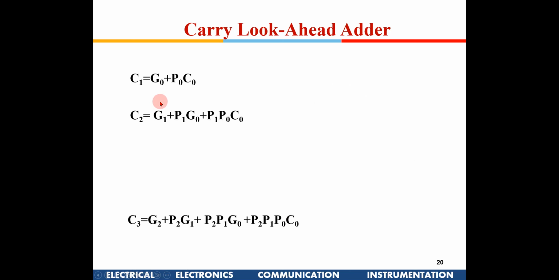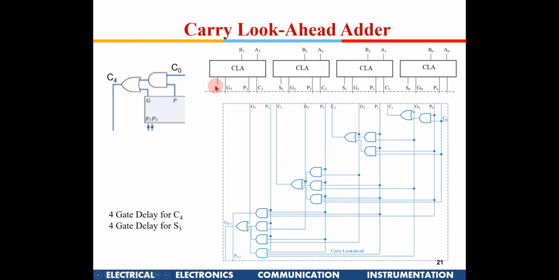So S3 will be generated after C3, which is coming after 3 gate delays, and hence S3 will be generated after one more, at 4. So the entire operation of this block, carry and sum, will be completed after 4 gate delays. Is this okay with all of you? Anybody has any doubt? Only if you understand this can we see bigger carry look ahead adders.